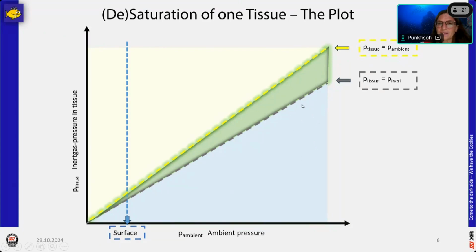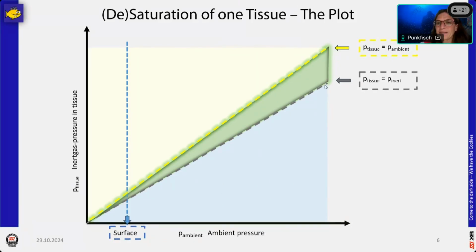Then we have different fields. We have this light blue field: if something is inside this field, it will saturate. And if something is in this yellow field, it will desaturate. And we have two lines. We have one line, the yellow one, which is the point where the inert gas pressure in the tissue is the same as the ambient pressure.